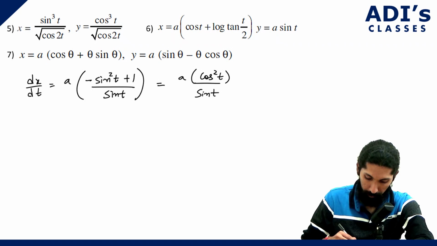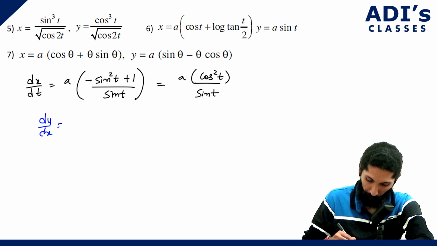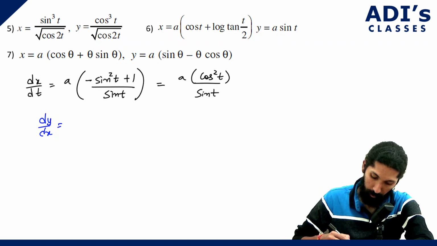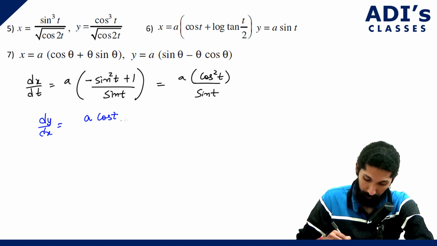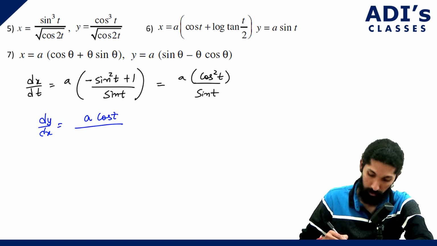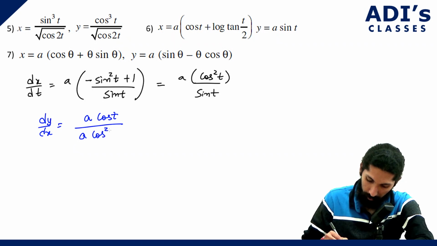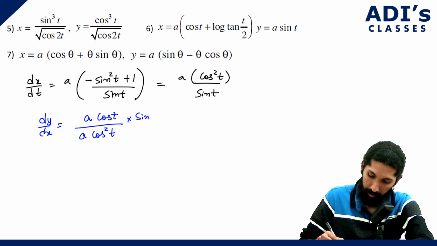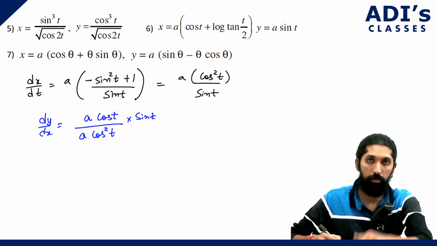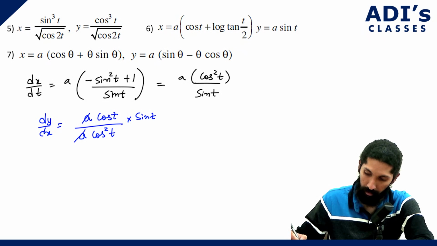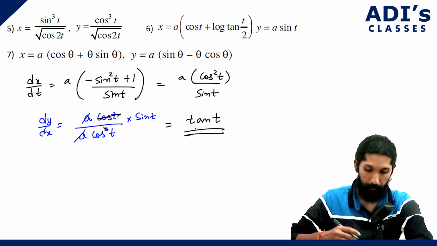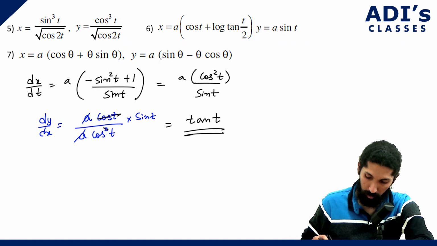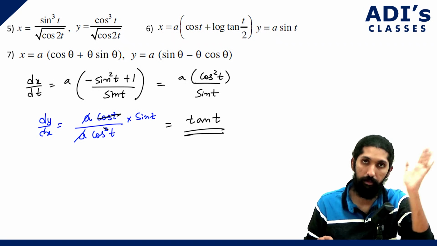So you get dy by dx. dy by dx will be equal to a cos t, that's dy by dt, divided by dx by dt, a cos square t into sine t, because the sine t goes to the numerator. So a and a cancel, one cos t cancels. So sine t by cos t is tan t. So the answer for the sixth one is going to become just tan t.